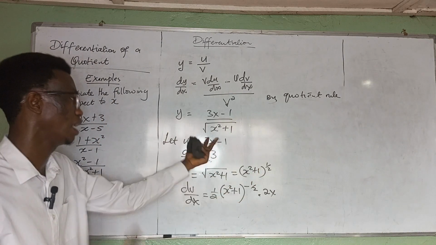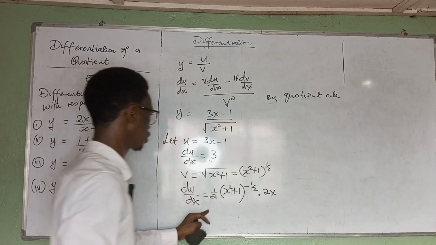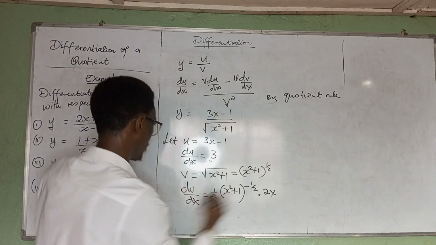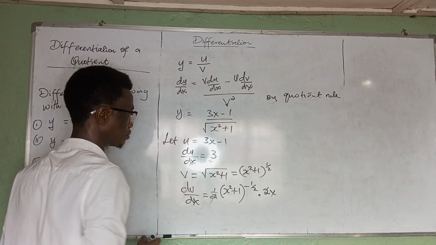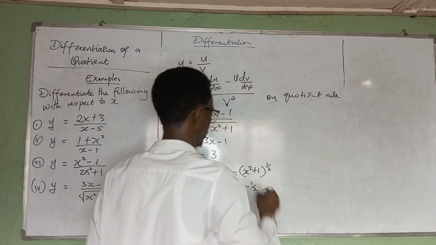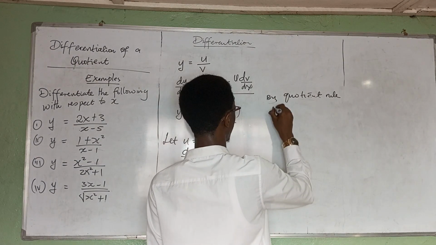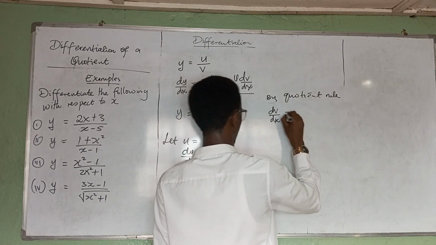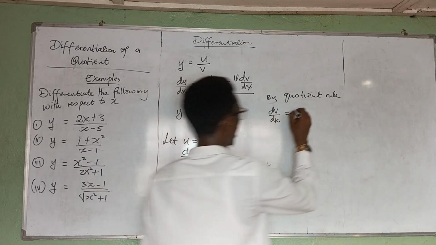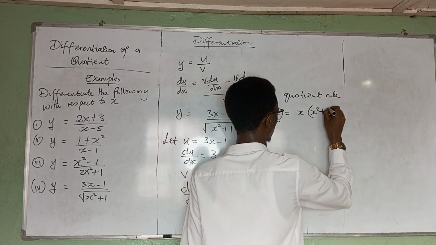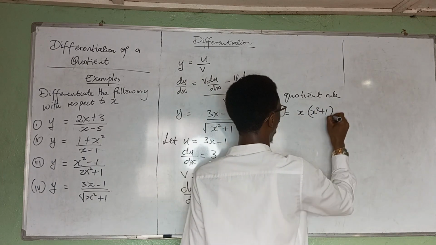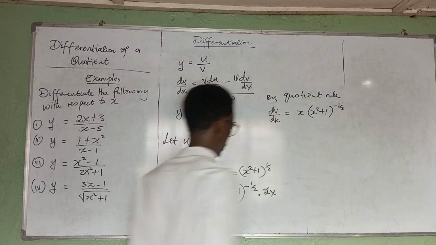We have other formulas that we'll get to later. Now, if you look at this, you have 2 here and 2 here, that goes. So you are left with dv by dx equals x into x squared plus 1 all raised to the power minus half.